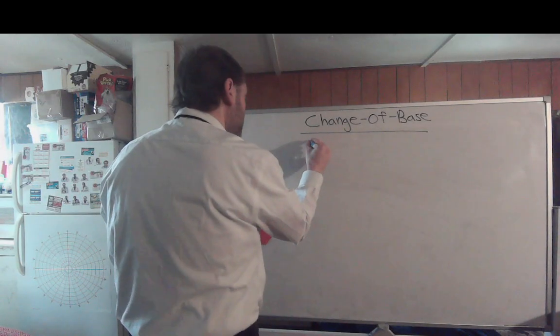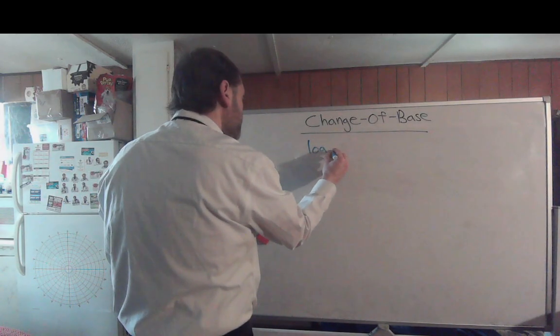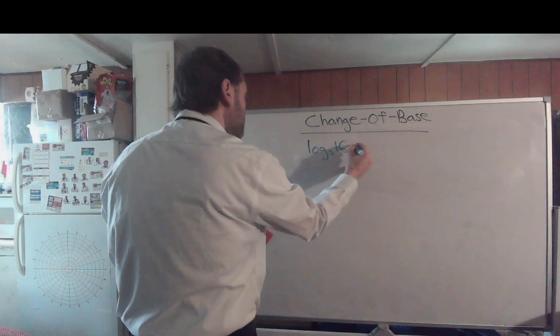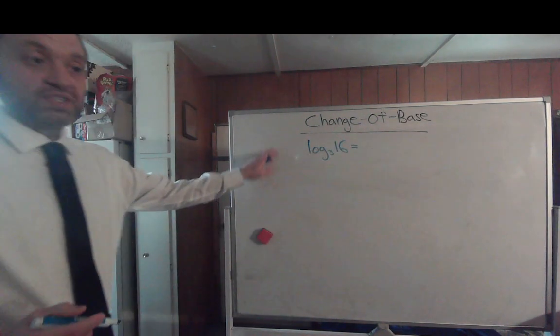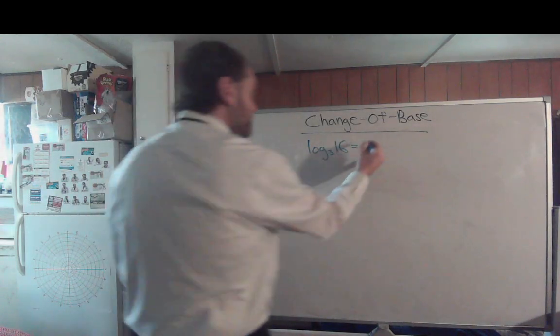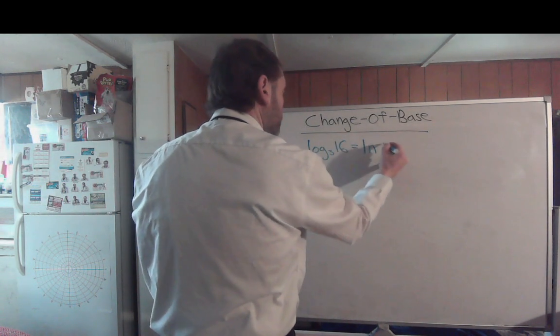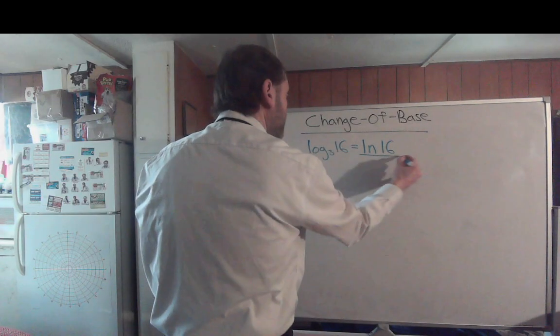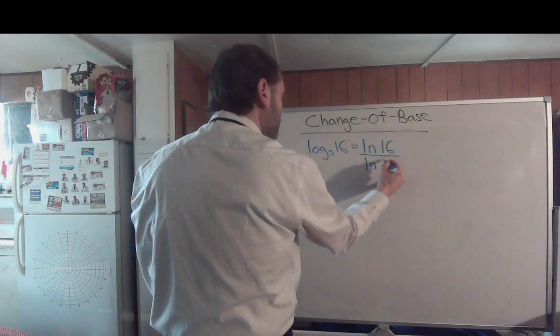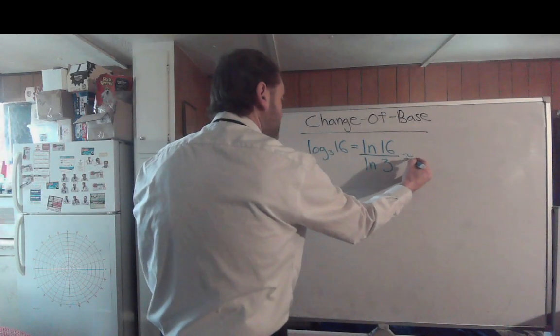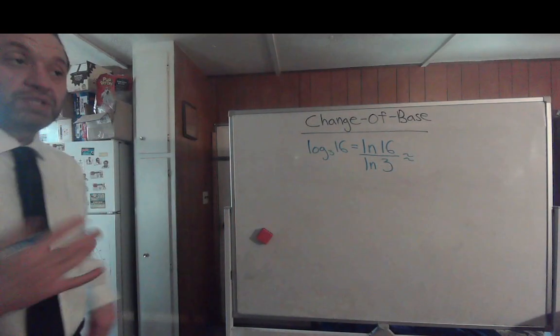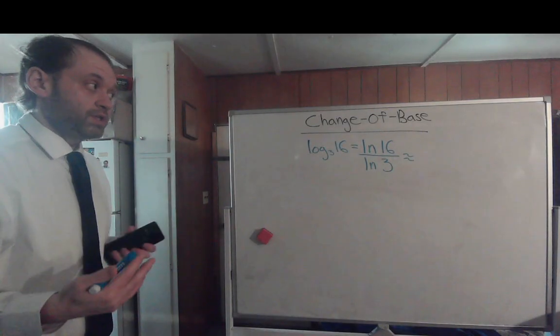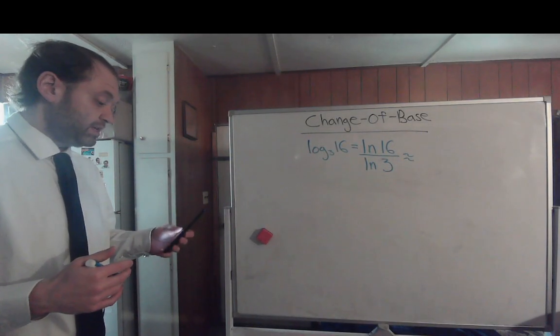Alright, what about log base 3 of 16? You can also take the natural log of 16 and divide that by the natural log of 3. Now we have a format in which we can put this into the calculator and work with it and get ourselves a decimal approximation.